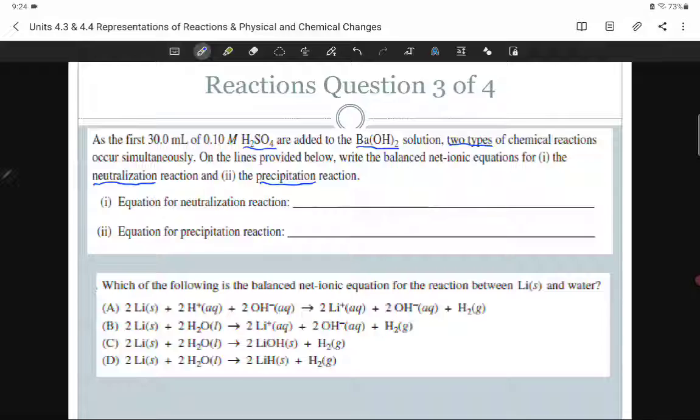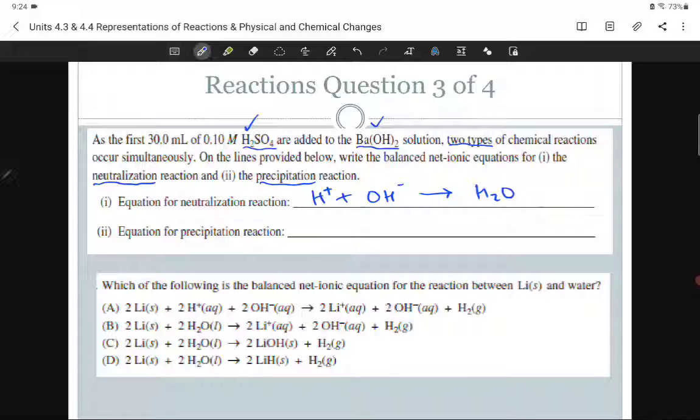So sulfuric acid has H positives, and it's a strong acid, so you can fully dissociate that. Barium hydroxide is a strong base, not very soluble, but a strong base. So we could write the ions separately, and that's going to make H2O.